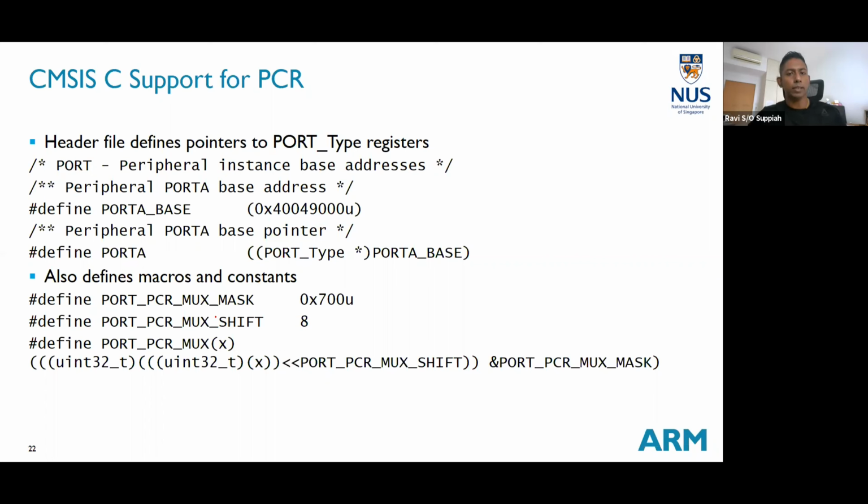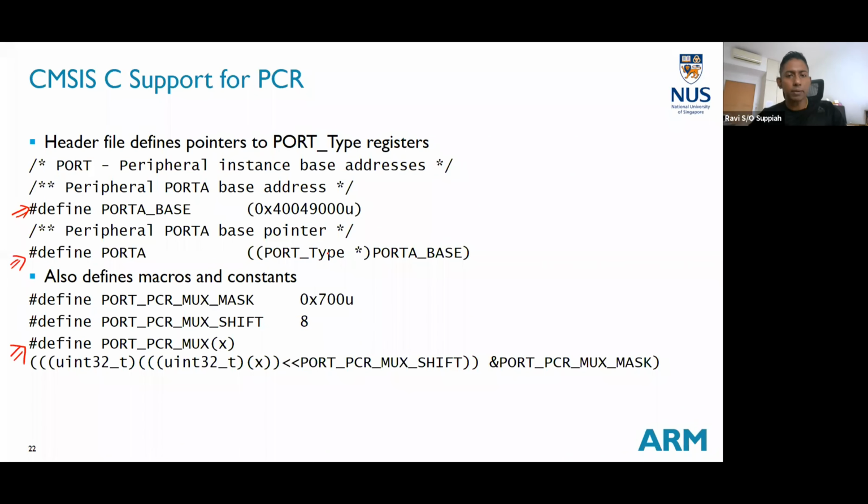In terms of the PCR, what we can do is use the PCR multiplexing macro over here. So what does this macro do for us? In terms of port type, this is the port A base and this is the definition of port A. This points to the port type.